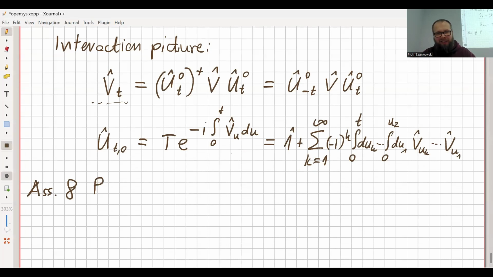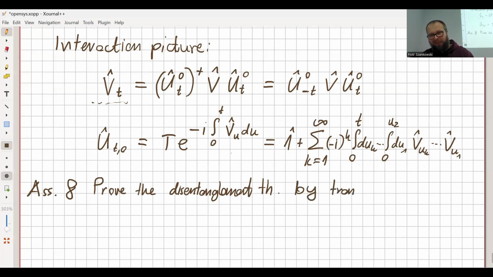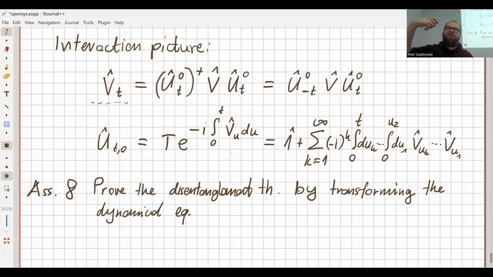And assignment 8 is to prove the disentanglement theorem, and in a special way by transforming the dynamical equation. Dynamical equation is just, to remind you, a Schrodinger equation, but for evolution operator.